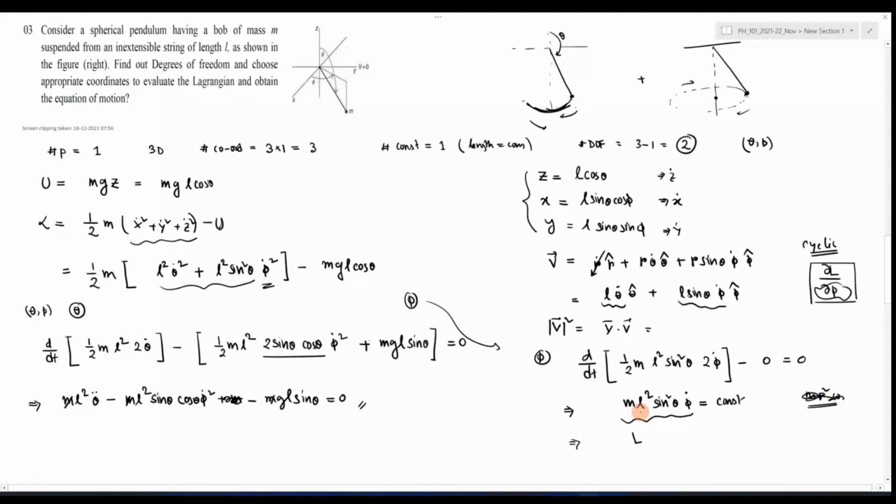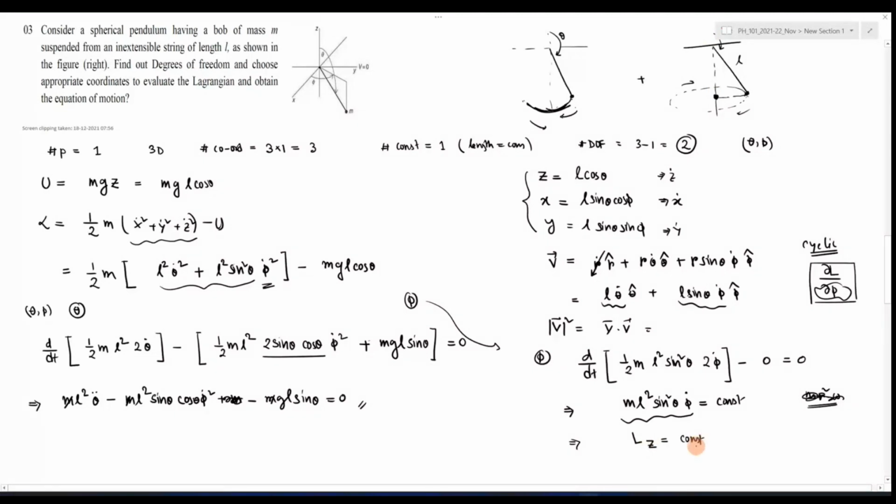If this is L and this is theta, then L sin theta will be this distance. Are you guys with me? Yes. So this is the angular momentum about the z axis, which is constant.